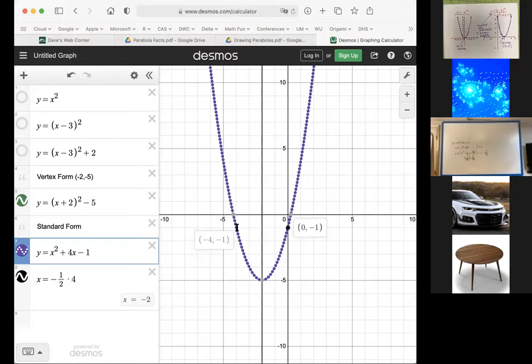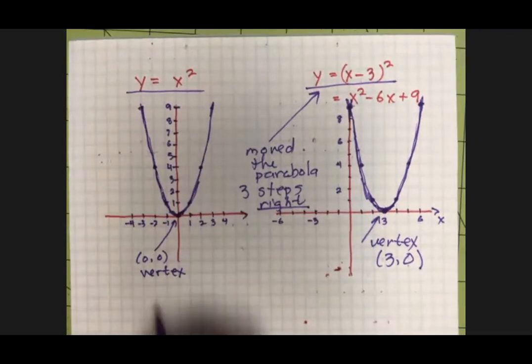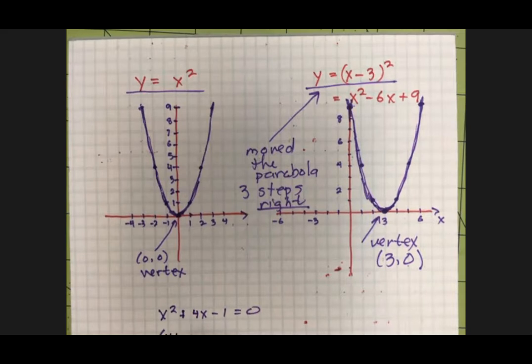I want to point out one more thing. Where does this parabola cross the x-axis? Well, that must be at the moment where x squared plus 4x minus 1 is equal to 0. But since x squared plus 4x minus 1 is the same as (x plus 2) squared minus 5, let me go back to the paper before we take a break, and solve (x plus 2) squared minus 5 equals 0.